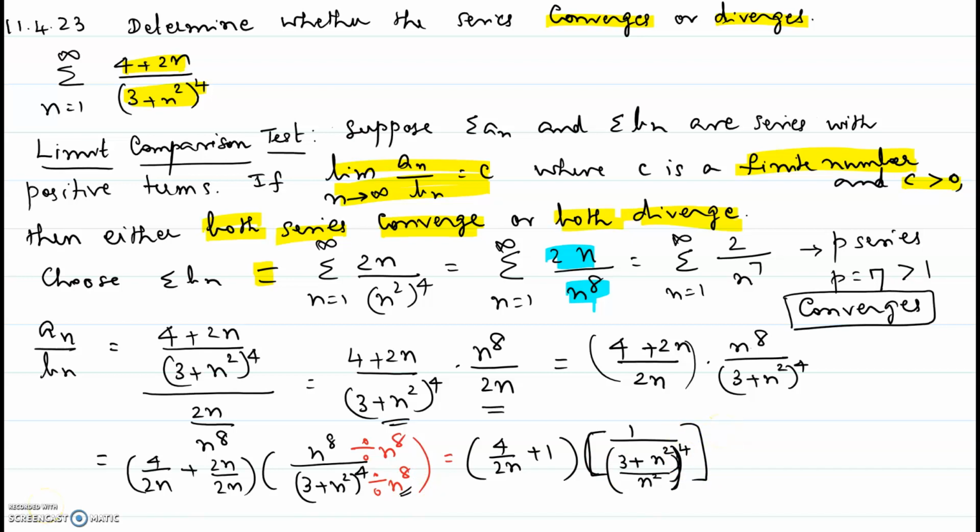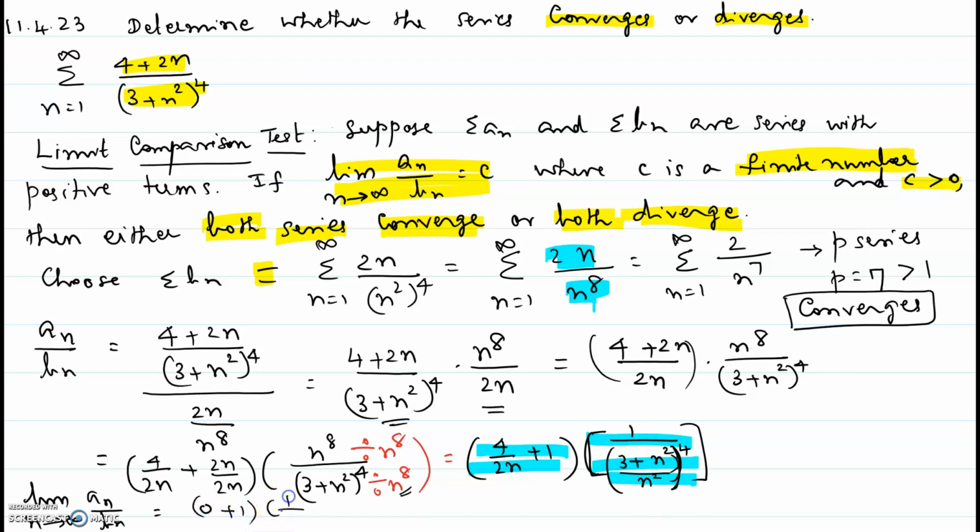Now you allow the limit as n approaches infinity of an over bn, which is the limit as n approaches infinity of this whole thing. Notice here this 4 over 2n part approaches 0, then plus 1.